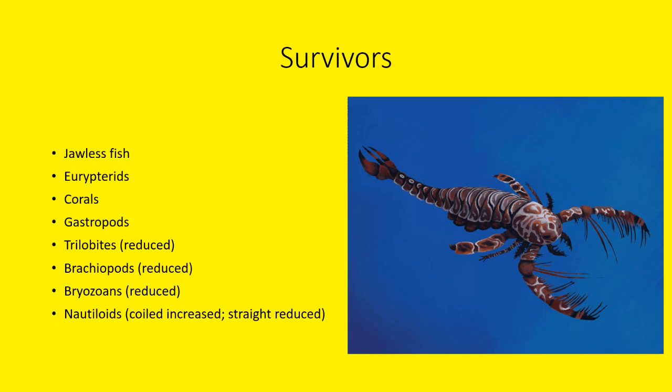But the animals that did have an increase in population were the jawless fish, eurypterids, corals, gastropods, and the coiled nautiloids. And so you see a eurypterid for the picture right here, because why not show the eurypterids, right? The eurypterids are really, really cool.